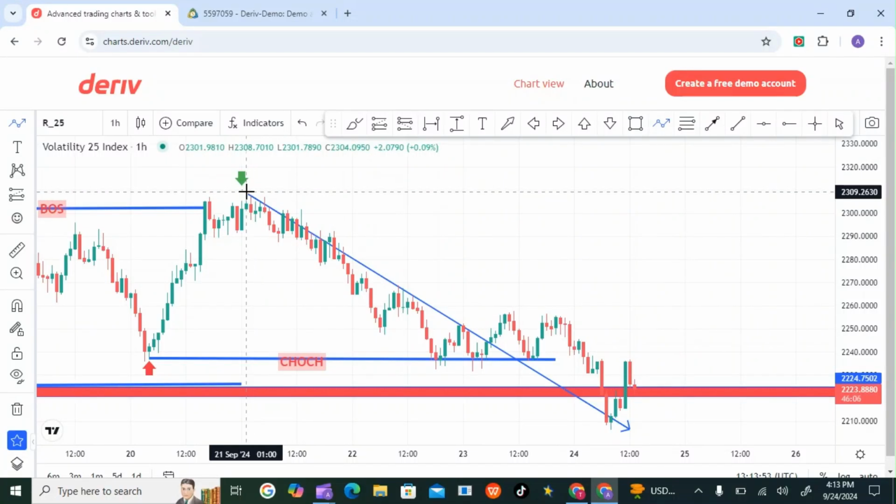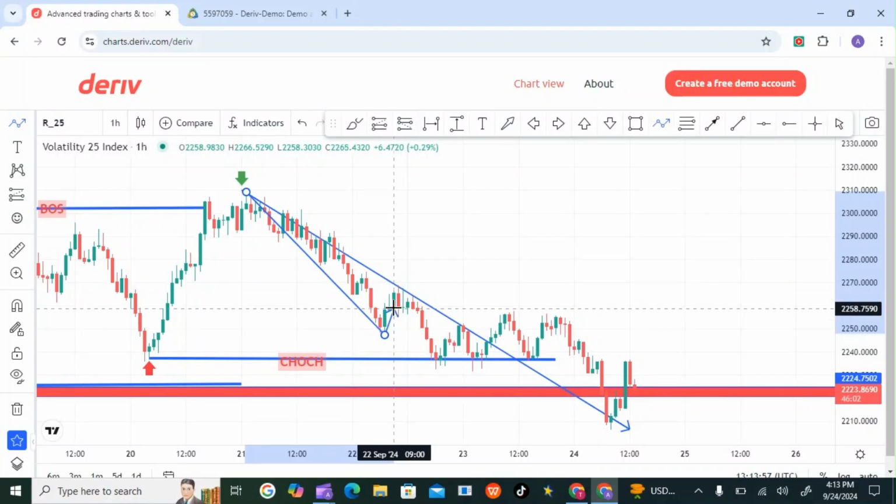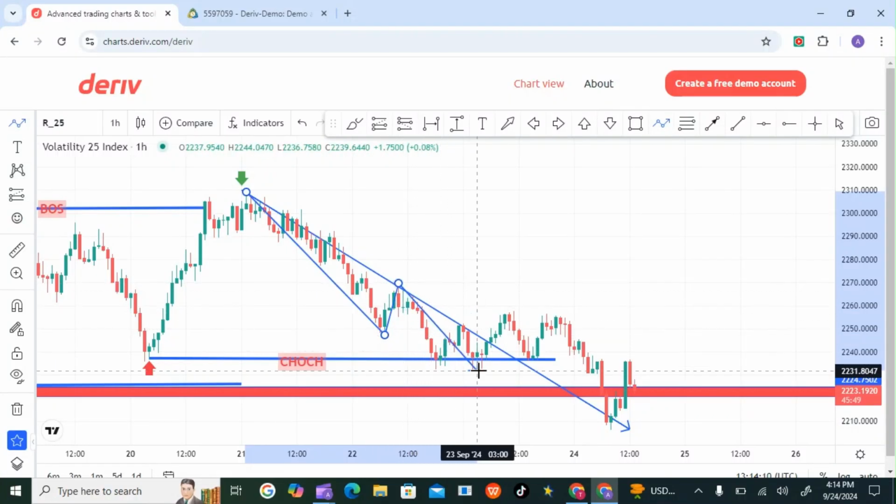So how is the market moving on this 1 hour? It's creating the lower low and then the higher low. You can see that, so we can consider that as a higher low, because it has 3 green candlesticks, and at the center you can see that's a green candlestick, despite it not being a momentum candlestick.